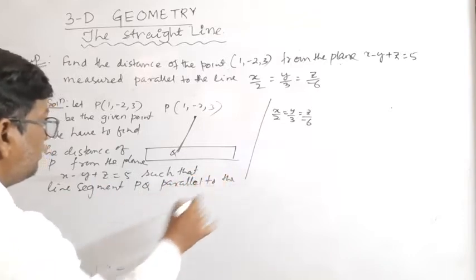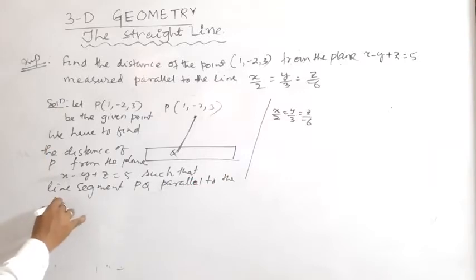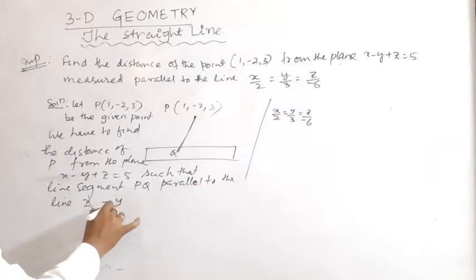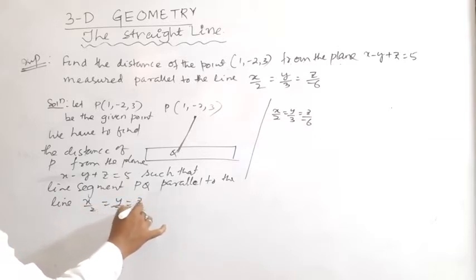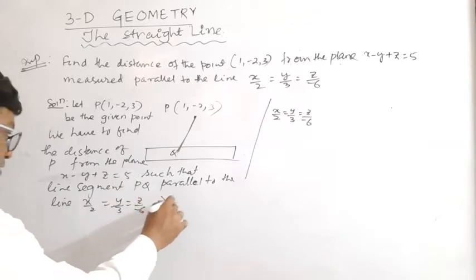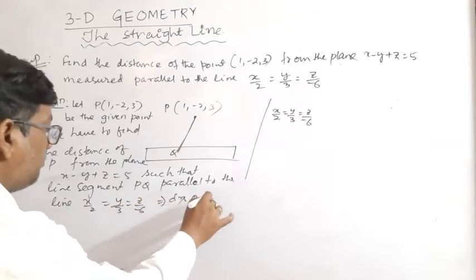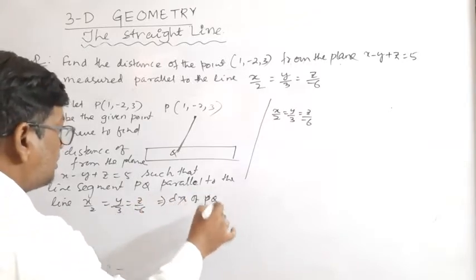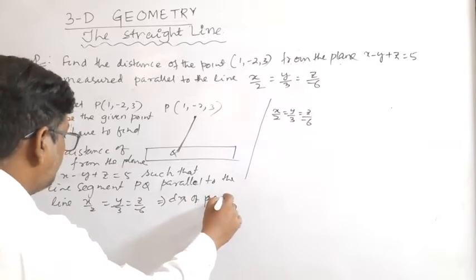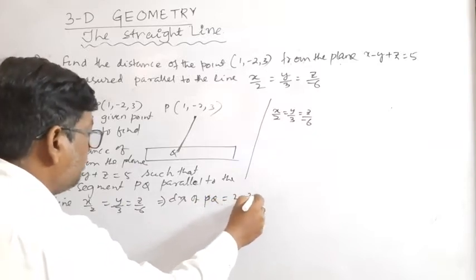x by 2 is equal to y by 3 is equal to z by minus 6. So, DRs of PQ is equal to what? That implies DRs of PQ is 2, 3, minus 6.